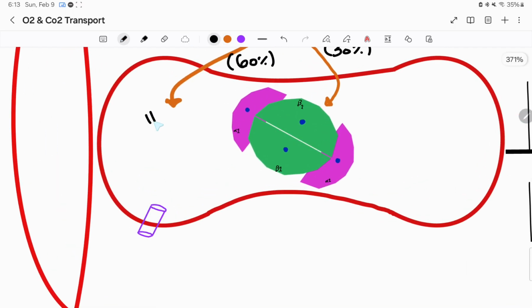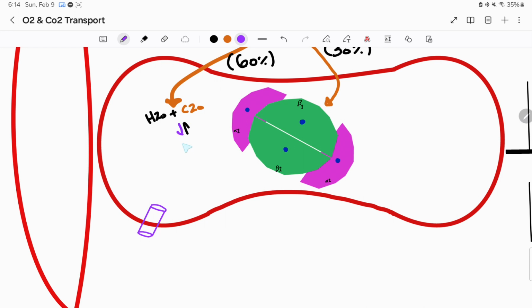So we're going to take water that is abundantly present inside of this red blood cell at all times, and we're going to combine it with CO2, okay? And here's what's going to happen, okay?